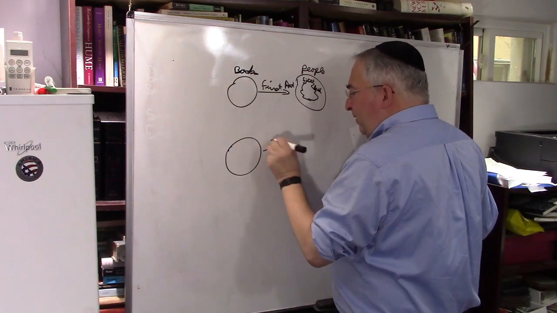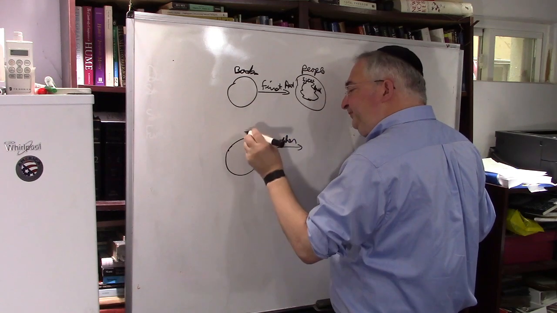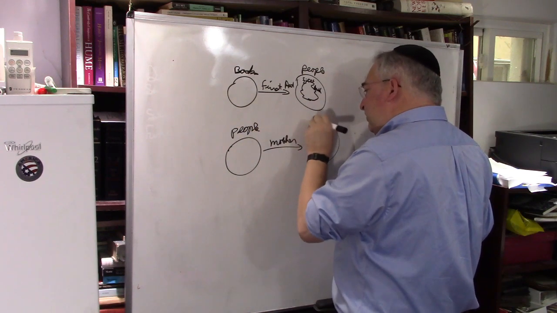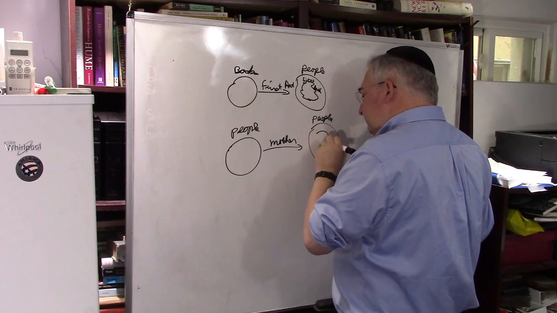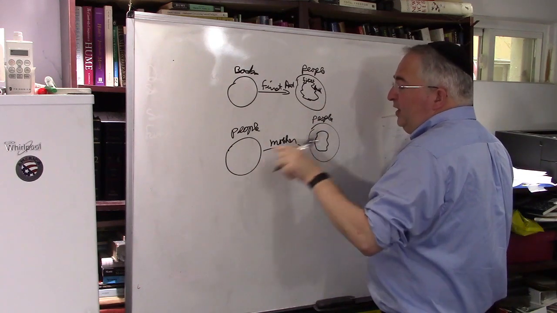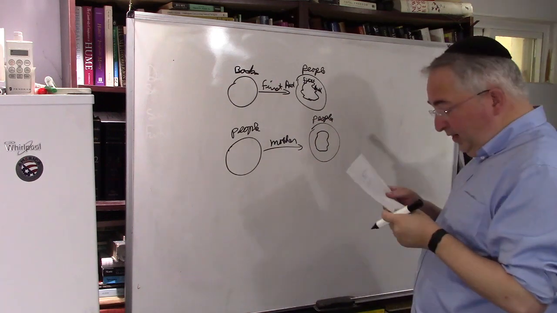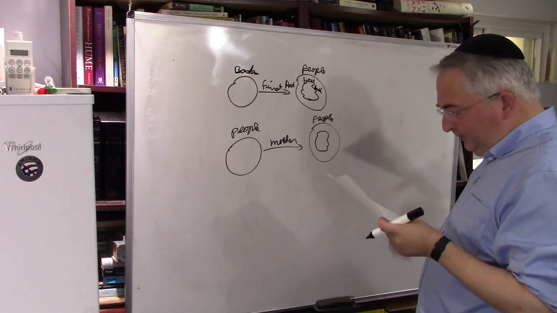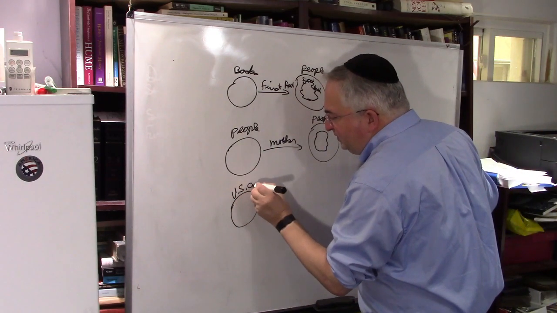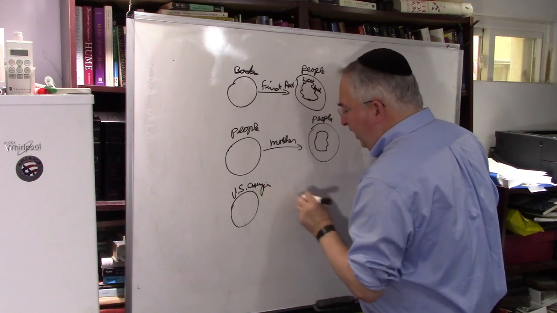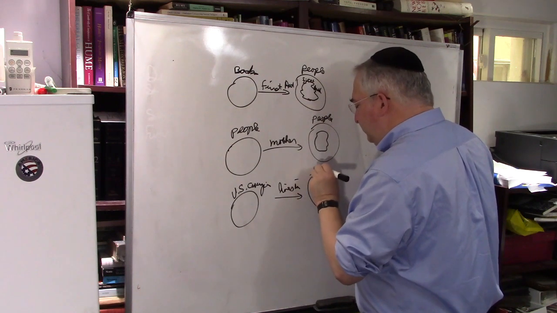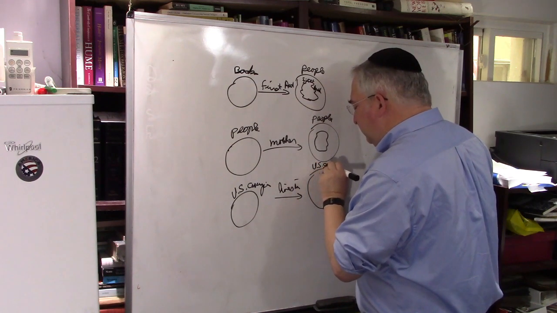We had mother. So here we have people. Every person has a mother. So there is the subset of human beings who are mothers. That's the image of that. Not every person is a mother. Let's do the U.S. citizens. We had U.S. citizens, and we had lives in one of 50 U.S. states.